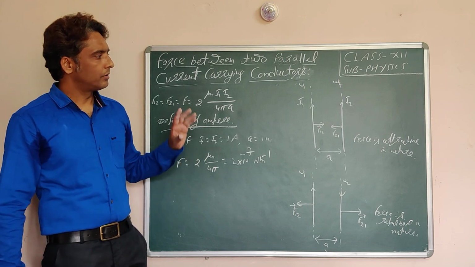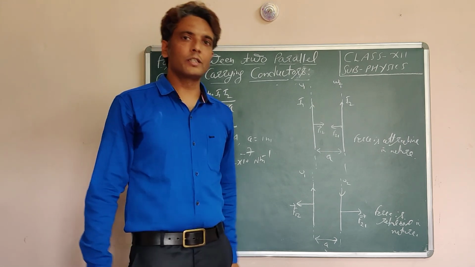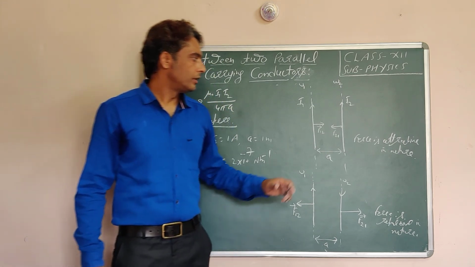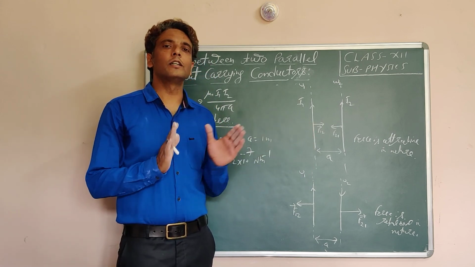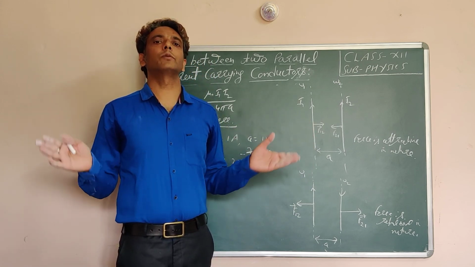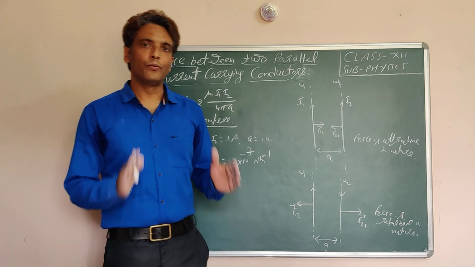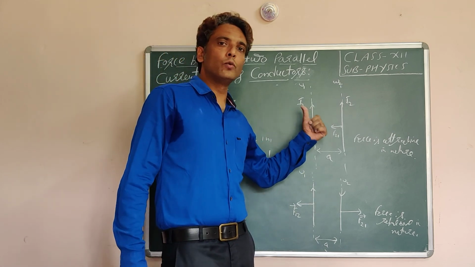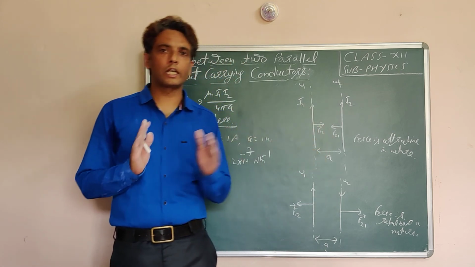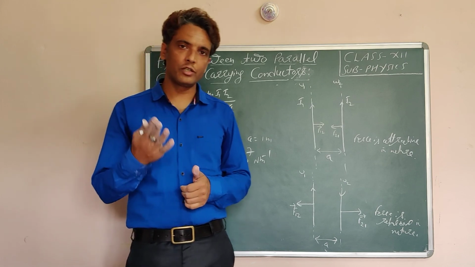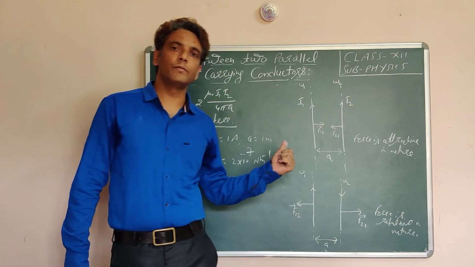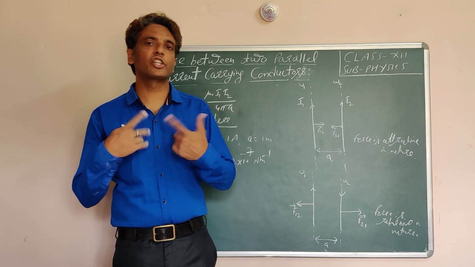So today we discussed how two parallel current carrying conductors interact with each other. The force between these two parallel conductors is attractive when the current is in the same direction, and it is repulsive when the current is in the opposite direction.